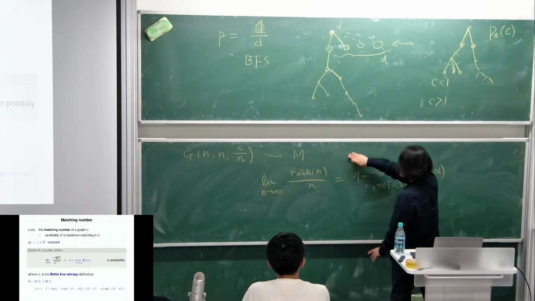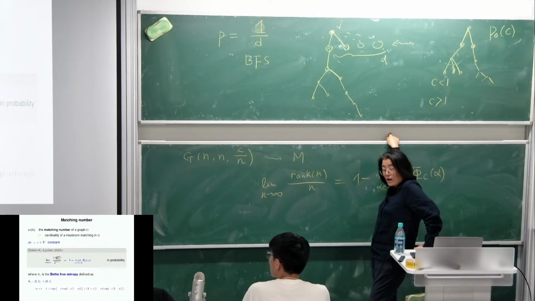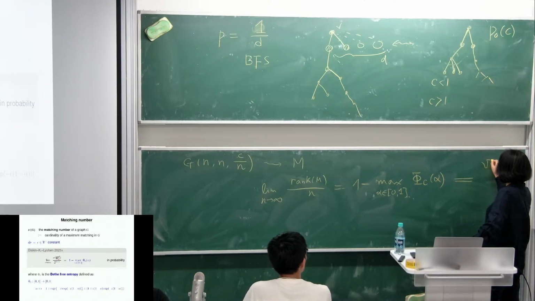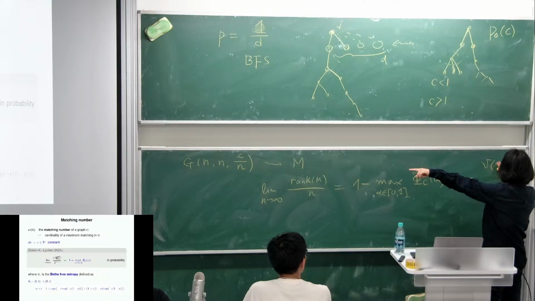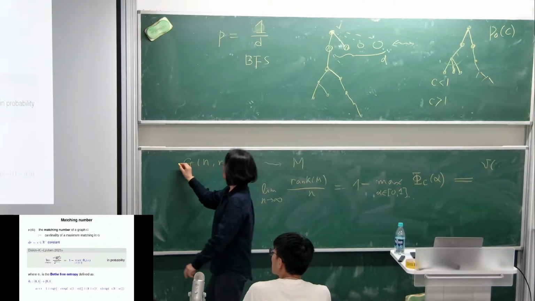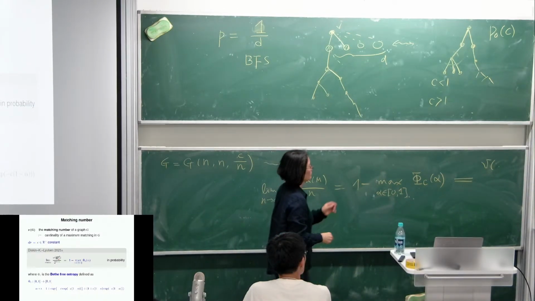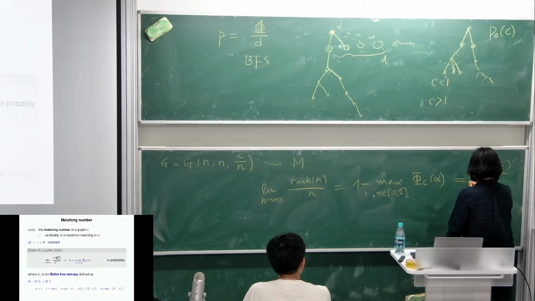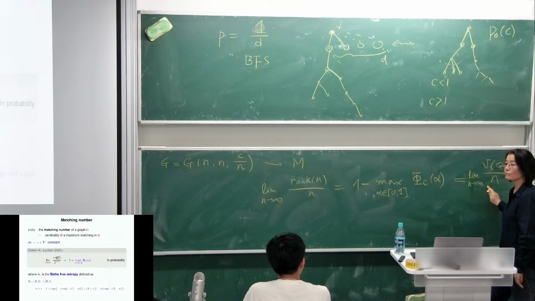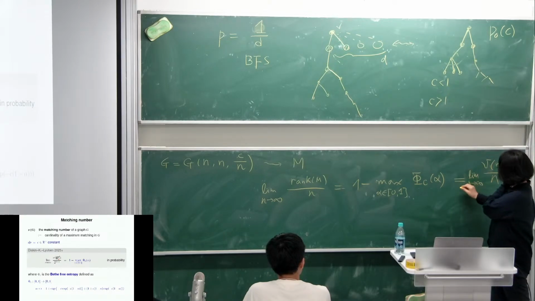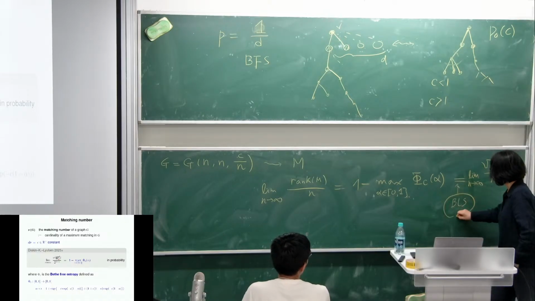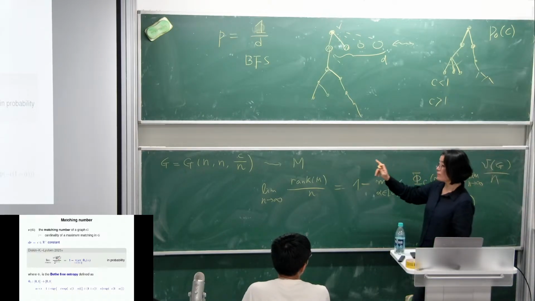But then there was yet another result by your French colleagues, Bordenave, Lelarge, and Salez. Indeed, they proved that this is the same as the matching number. In their proof, it is not only about such a model.